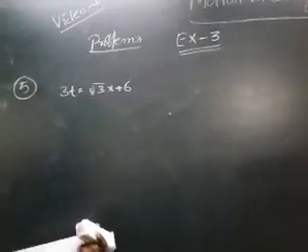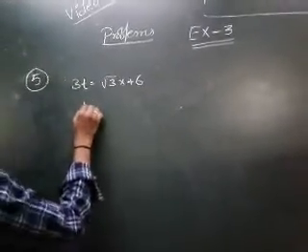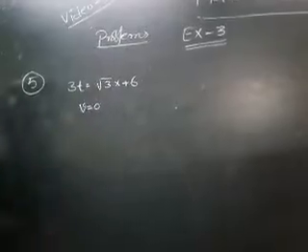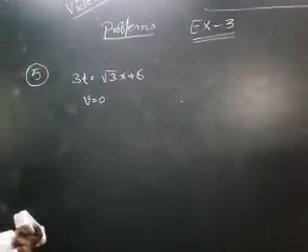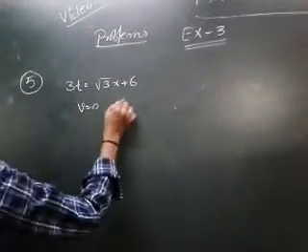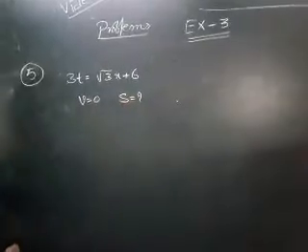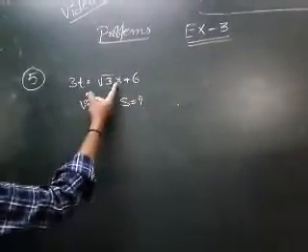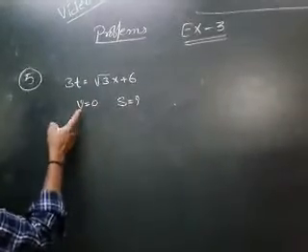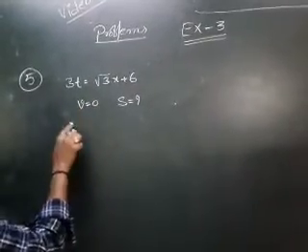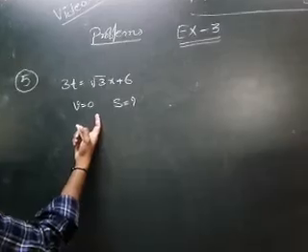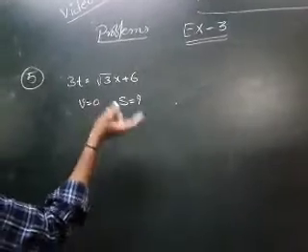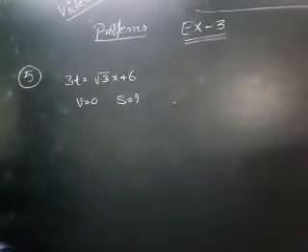What is the displacement when the velocity is 0? Velocity v is equal to 0. So first we can find the velocity, later we can equate it to 0, and from that we can calculate the displacement.